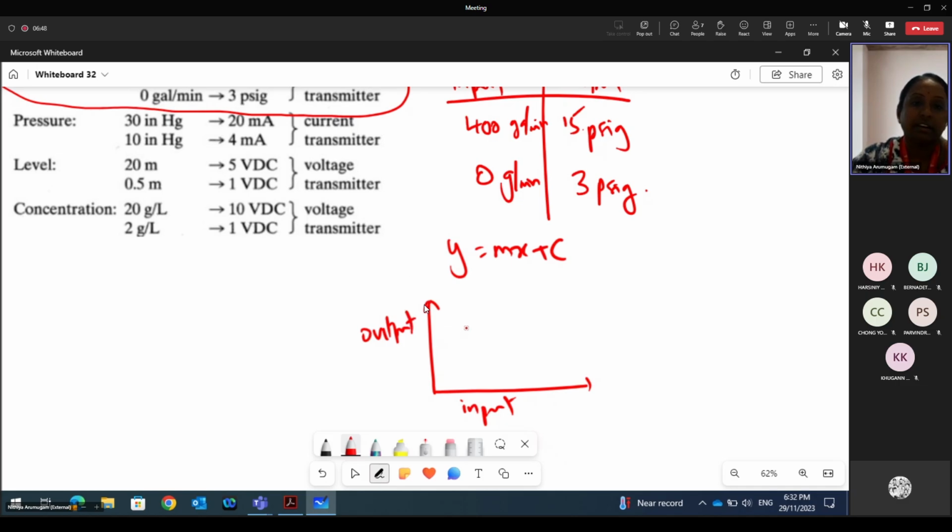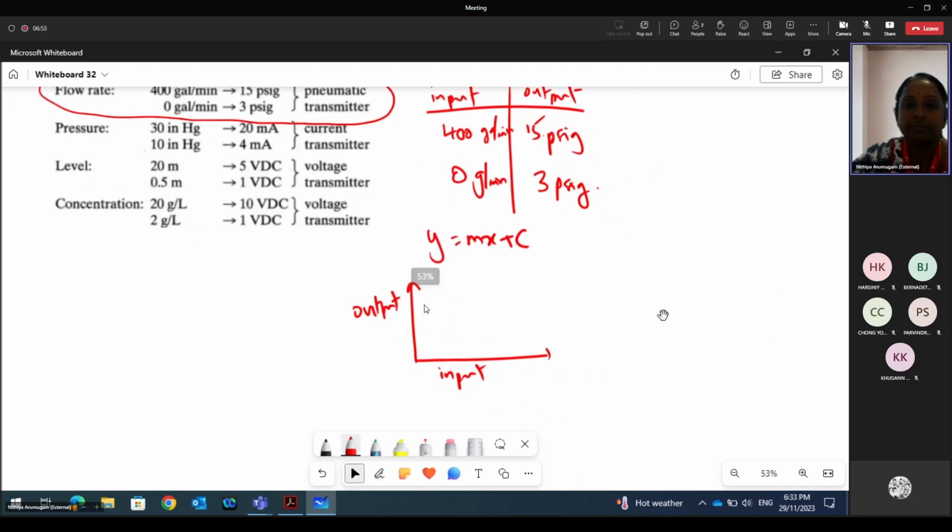If you draw this graph, the output is in terms of psig, from 3 to 15, and the input will be 0 and 400. So at 400 the output will be 15 psig. For 0 gallon per minute, the output will be 3 psig. So if you plot, you will get a straight graph.